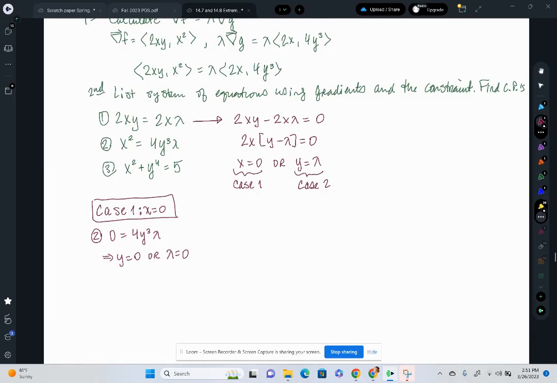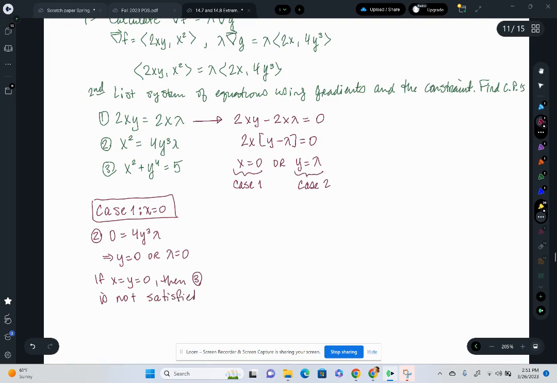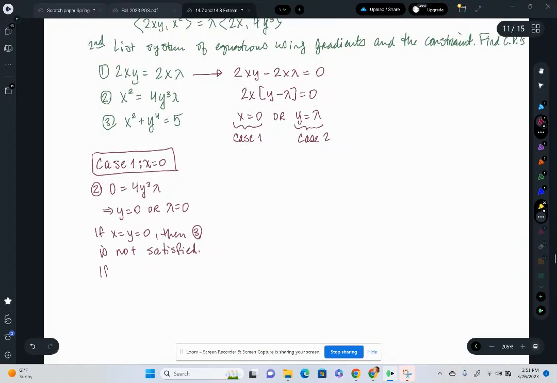Now, if x and y are both 0, then equation 3 is not satisfied because you can't have 0 squared plus 0 to the fourth equals 5. That just doesn't work. Okay, now if lambda equals 0, then we're assuming that y is not 0, right?